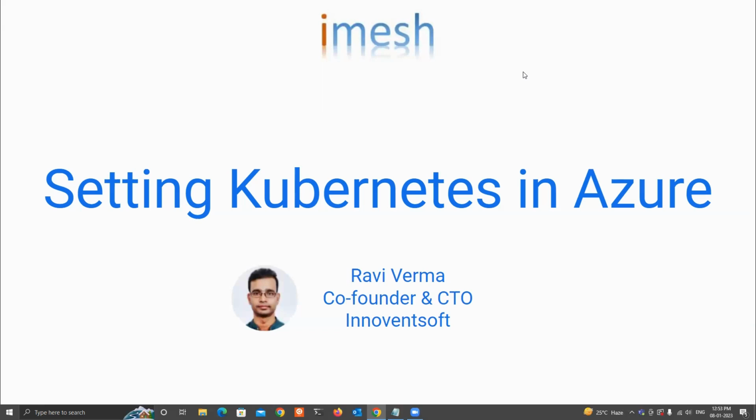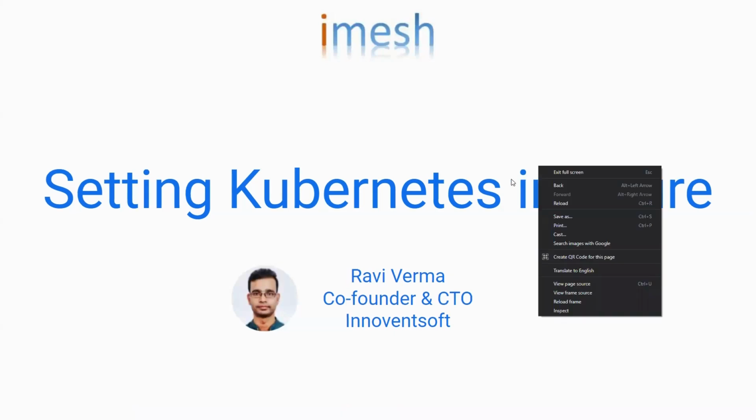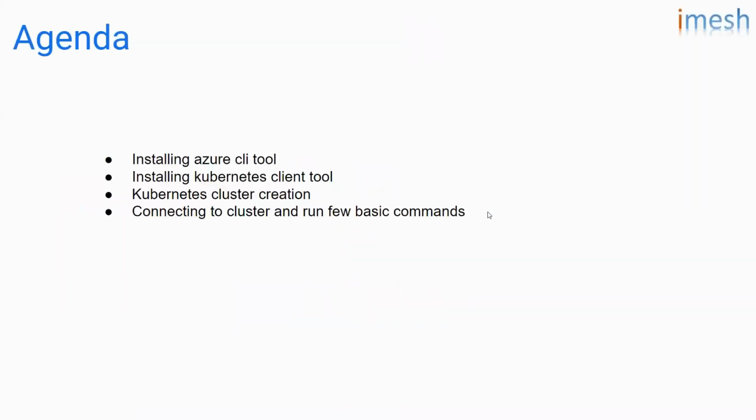Moving to the agenda. While configuring, we'll be installing the Azure CLI tool, which will be required to communicate with Azure for the configuration and to get some information from the Azure portal.